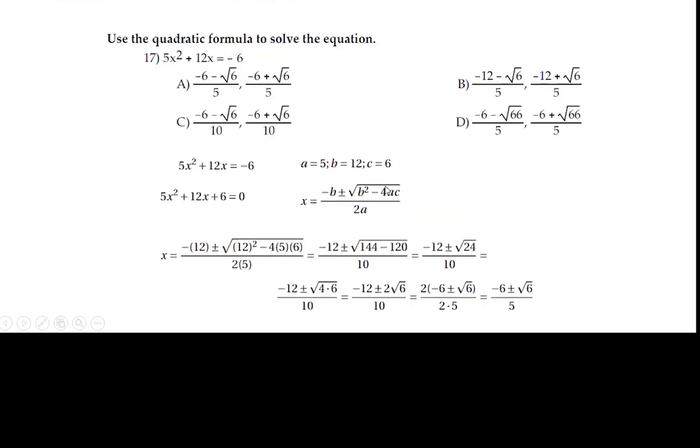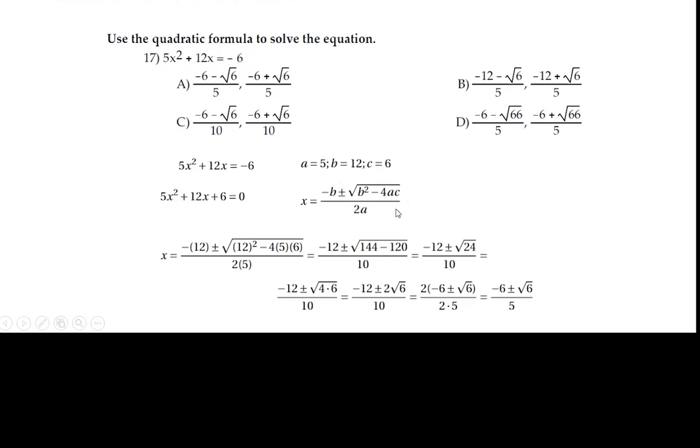Number 17. Use the quadratic formula to solve the equation. 5x squared plus 12x equals -6. Get everything on one side, 0 on the other to identify a, b, and c. We have a -6 on the right. We add 6 to both sides, giving us 5x squared plus 12x plus 6 equals 0. a is 5, b is positive 12, c is positive 6.